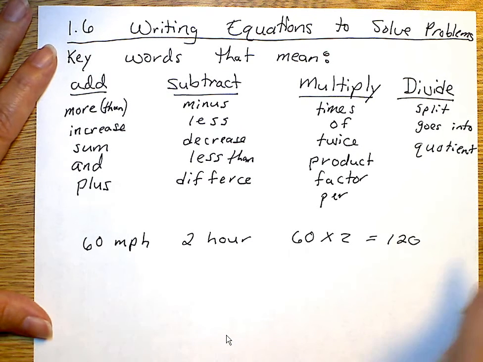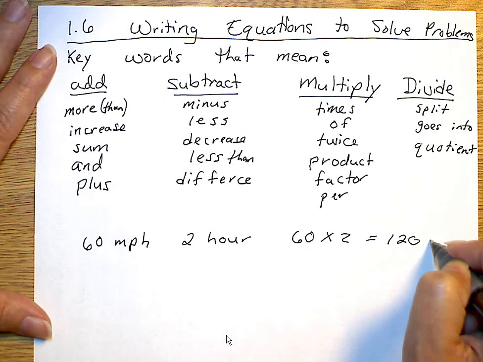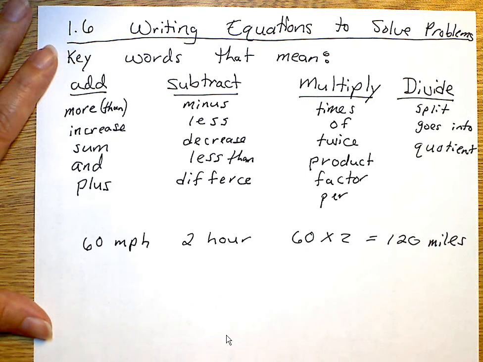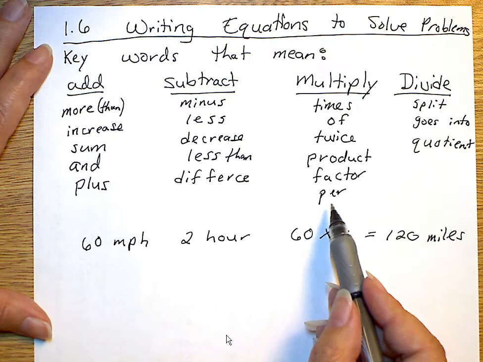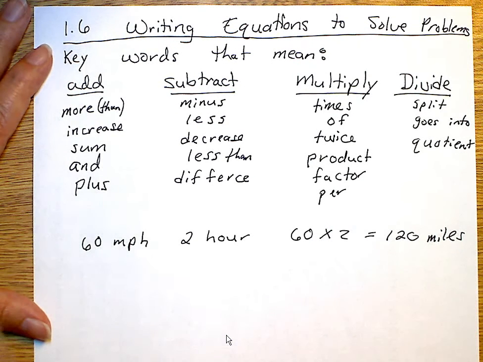I meant miles, how many miles you went. And I know you're thinking, depending upon how it's written, it might be a division, but most of the time you would multiply the two.